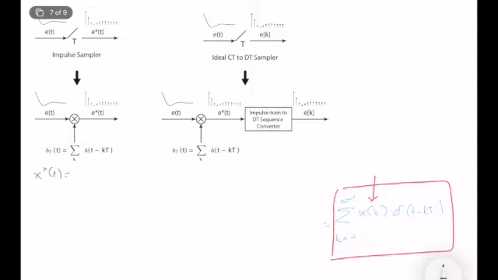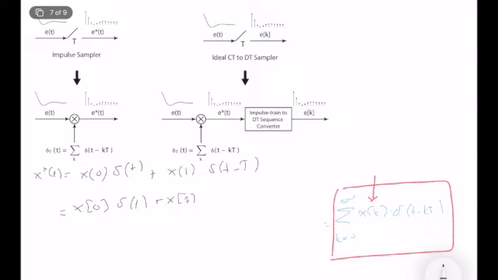So let's analyze this a little bit. Instead of the summation, just write it separately. When k is equal to 0, this is equal to x[0] delta(t), or I can write the same thing as x[0] delta(t). Then x[1] times delta(t minus T).